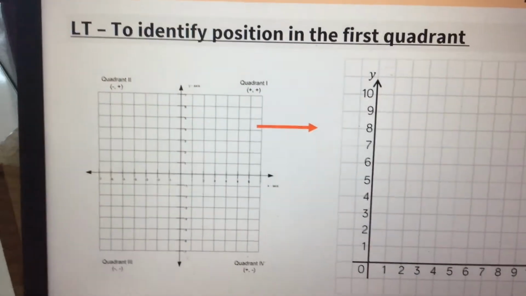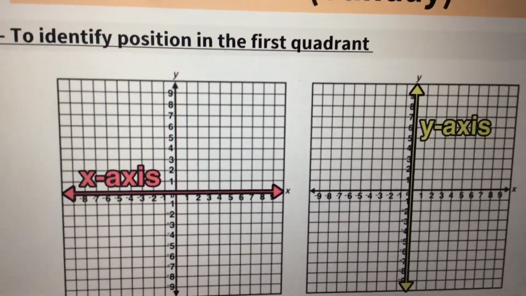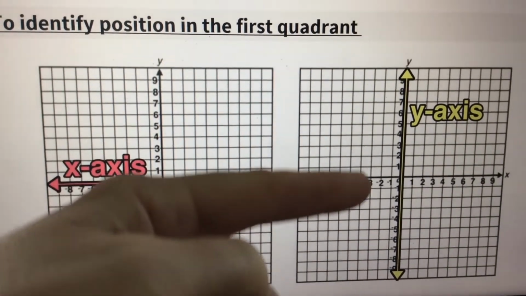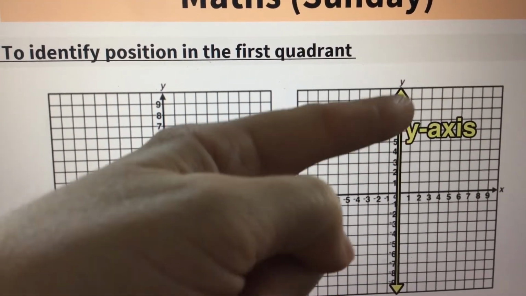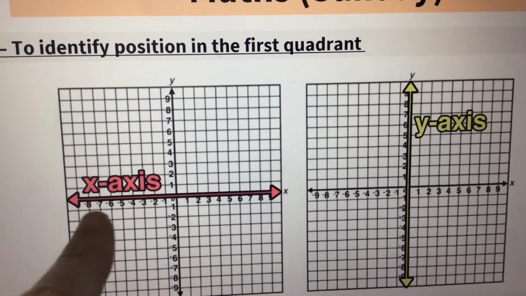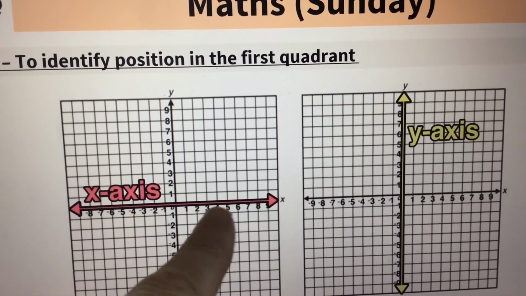So, really quick recap. We've got 2 axes. We've got the Y axis, which is this vertical one here, up and down. I always remember that because Y's got a tail, so it's kind of that long bit there. And the horizontal axis is the x-axis.